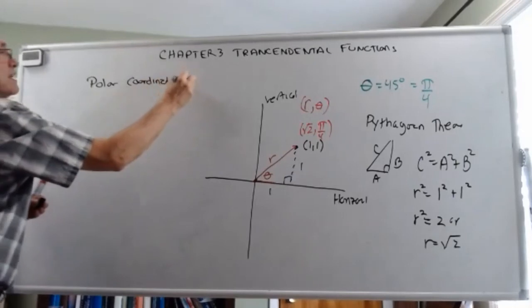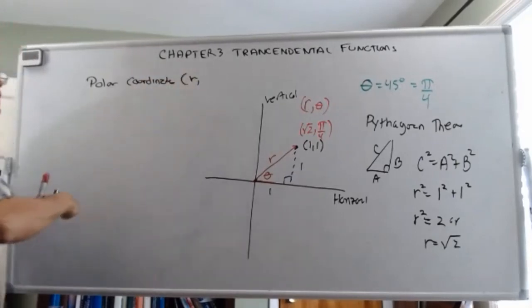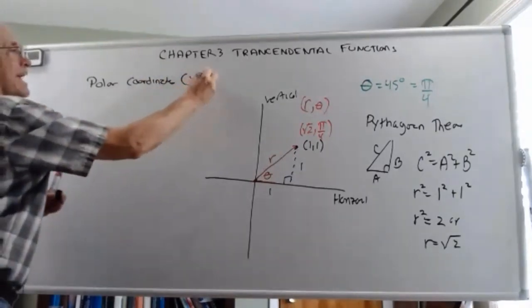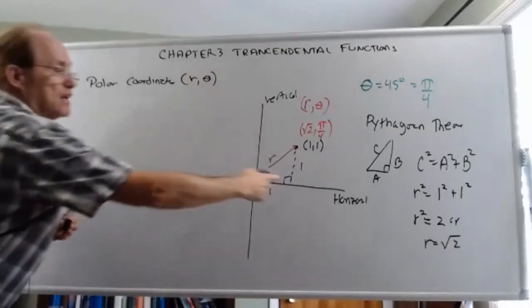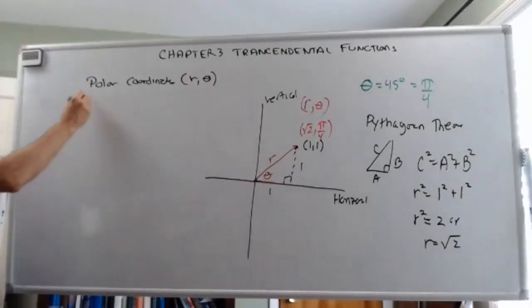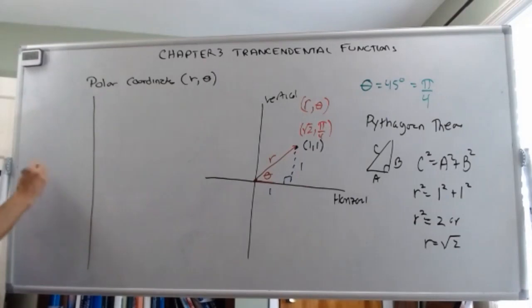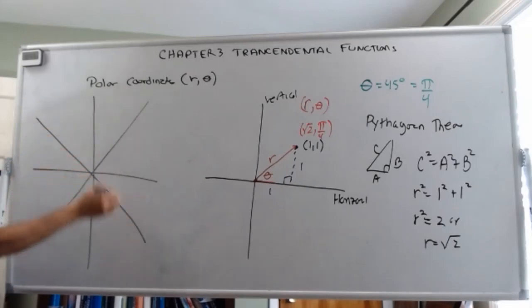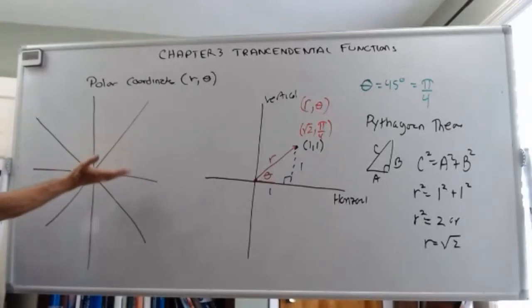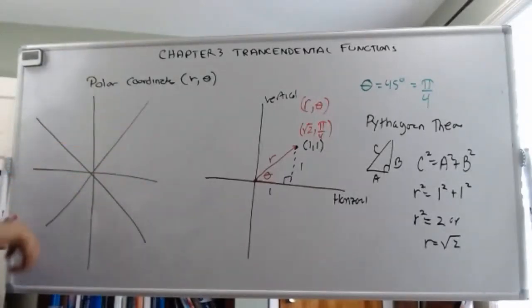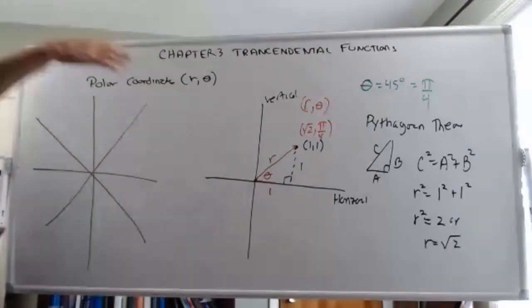And instead of x comma y, it's how far I go out and at what angle do I go. And instead of just having 2 lines, it looks like this. I'll put 2 over here, but then you have different lines going this direction, different lines going this direction at different orientations. So these are measures of the angle theta that go around. And then in addition to that, you have different radii that come out.